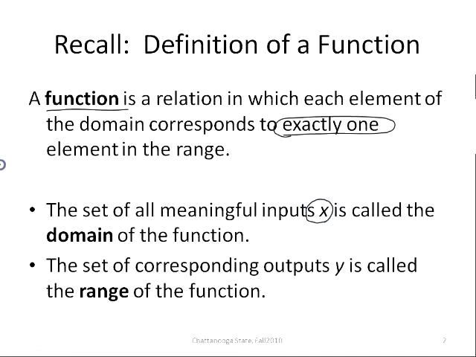And when we talk about the range, we're talking about the meaningful outputs, or the y numbers that you can use in the function. So each x goes with exactly one y. That's what makes it a function.